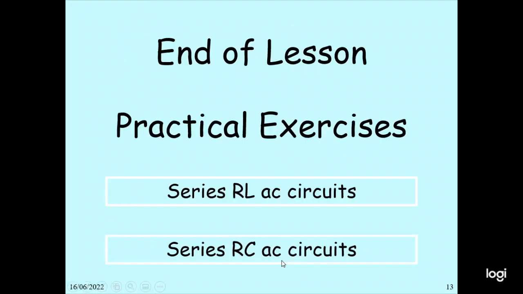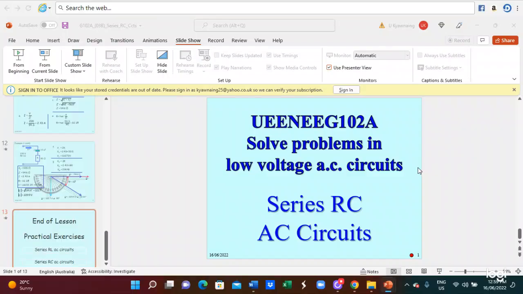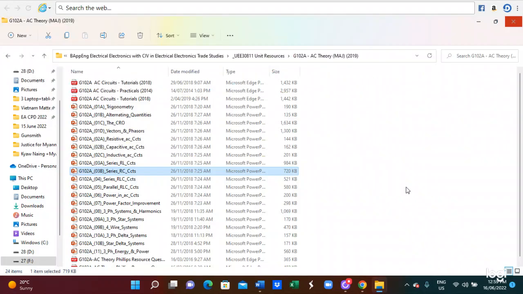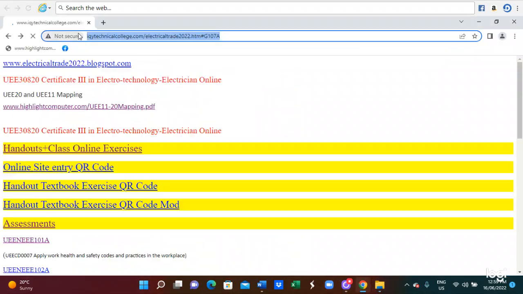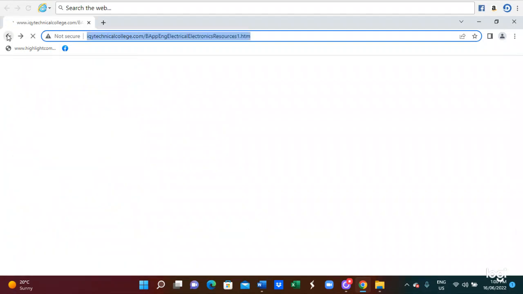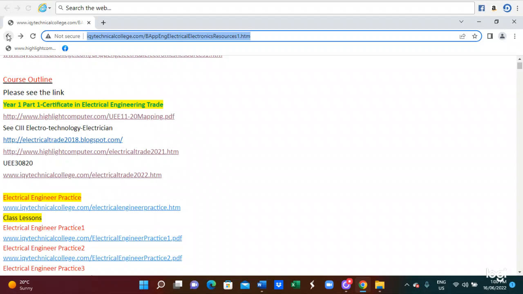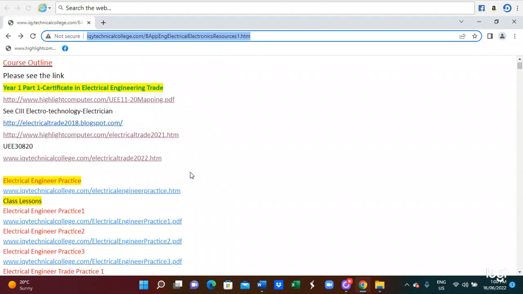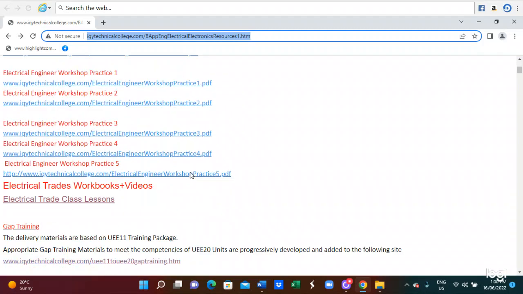So you have to do the end of lesson exercise. For the advanced diploma electrical engineering, we have to do this. I write the corridor select BFN electrical electronic resource 1.htm. Then here you get to see the advanced diploma electrical.